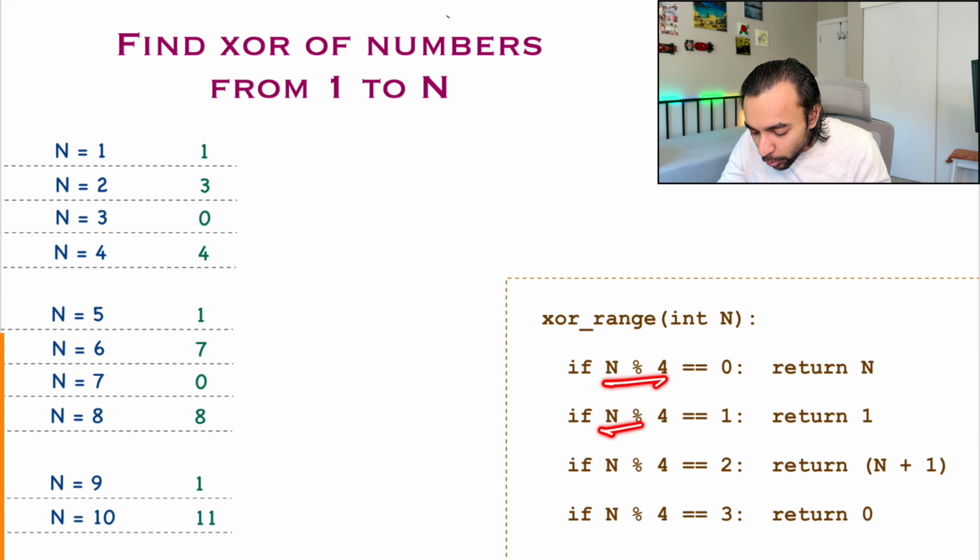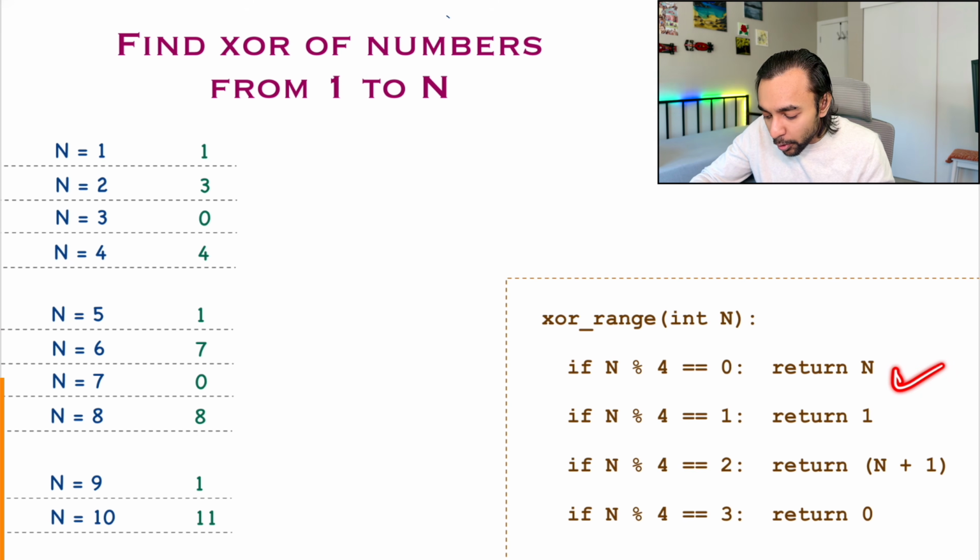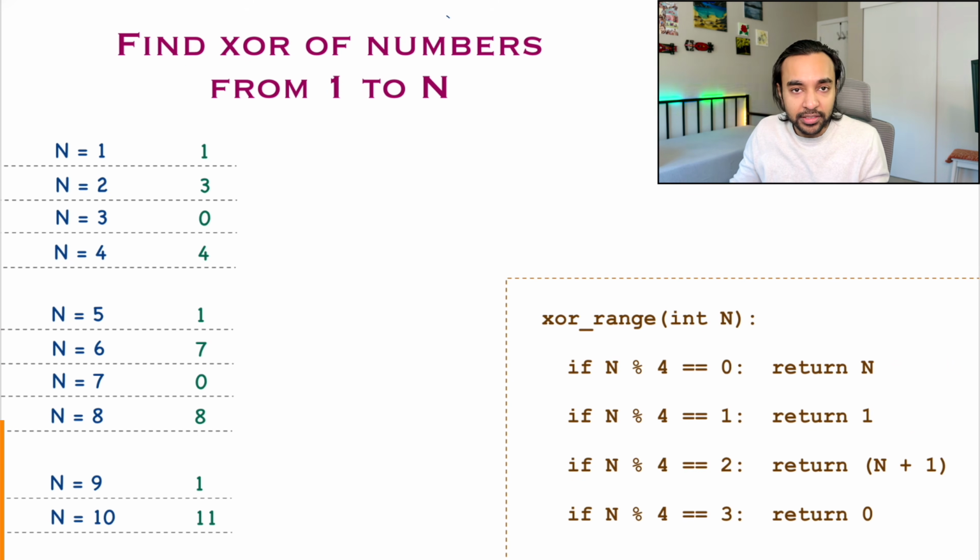You just check out the modulo value, and based upon it, you can return whatever the answer is. Correct? And this was the pattern that I had. So now we have solved a very critical problem: if I give you a number n, what will be the XOR of all of the numbers from 1 all the way up to n? You have now solved this part.